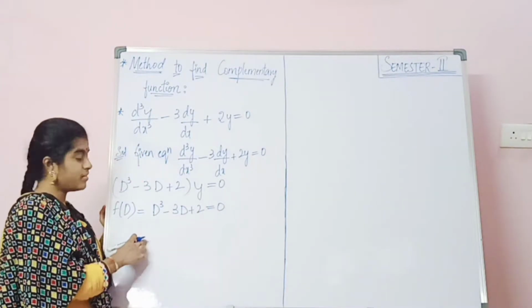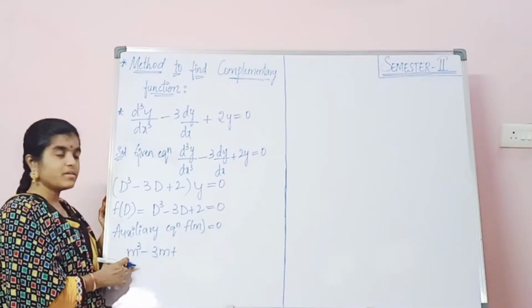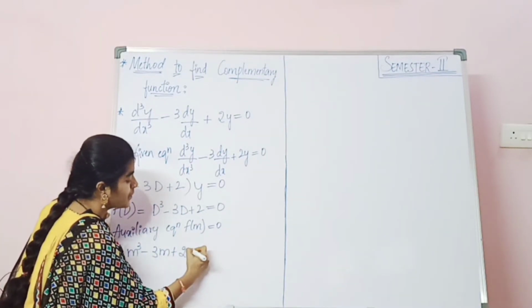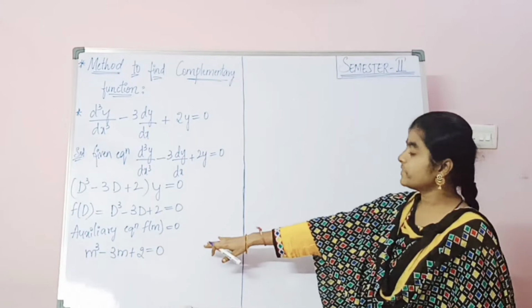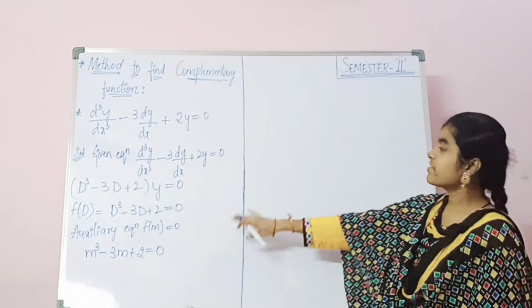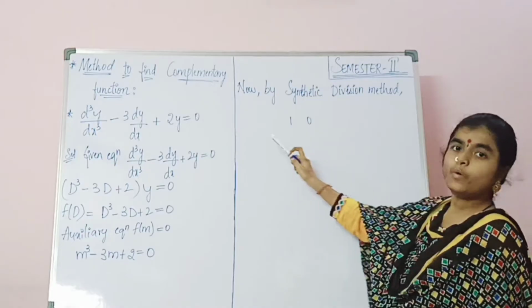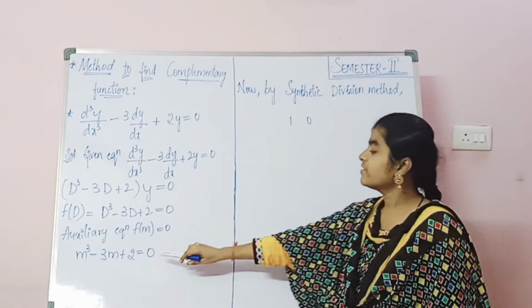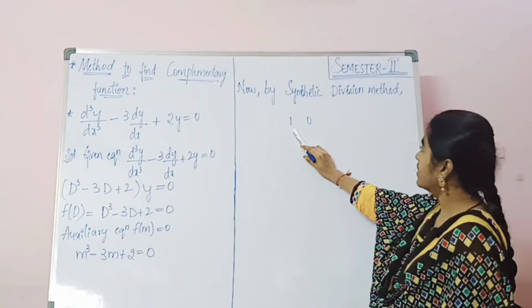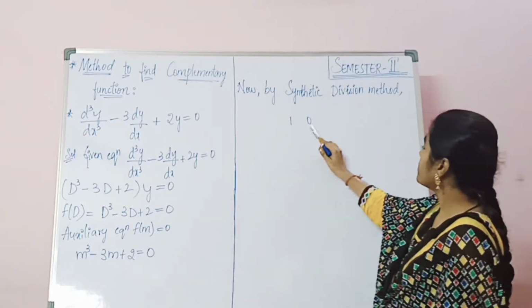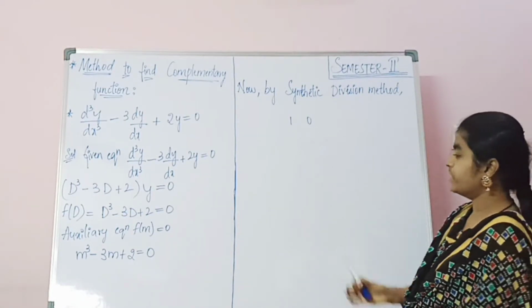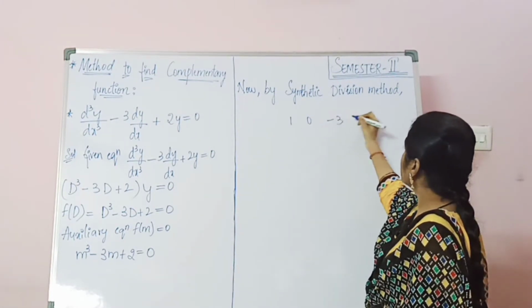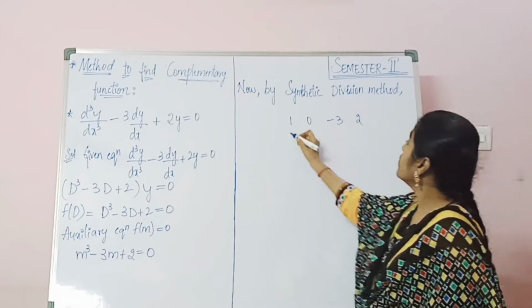Now we write this equation in auxiliary form: m cube minus 3m plus 2 equals 0. We can solve this auxiliary equation by the synthetic division method. The coefficients are 1 for m cube, 0 in place of m square since it is not given, minus 3 for minus 3m, and plus 2.